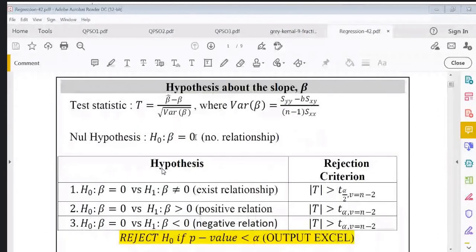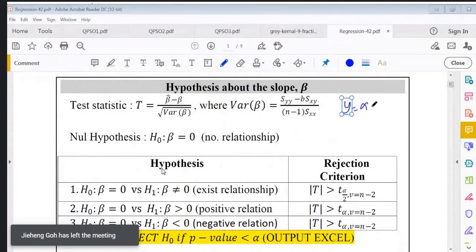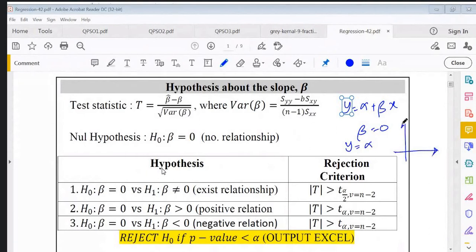Here, if beta is 0, the equation y equals alpha plus beta x becomes y equals alpha. If you see the graph, x here and y here, alpha is here, we get a graph like this.